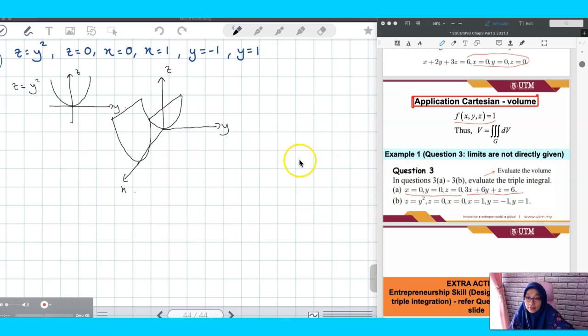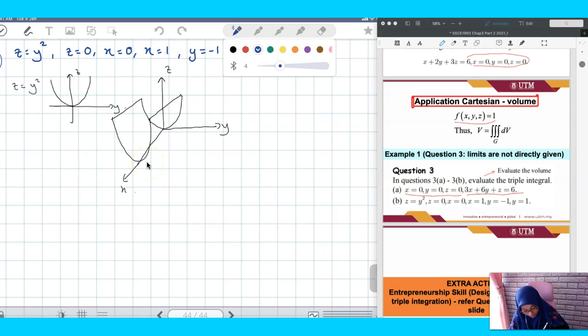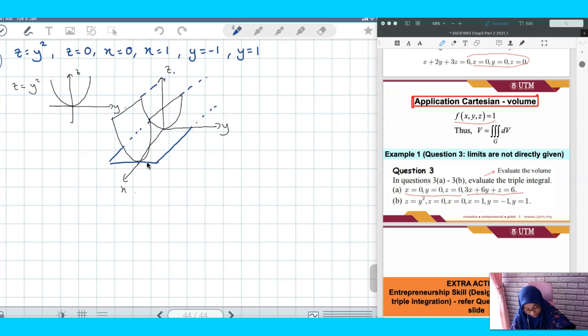Okay, so now if you look at here, z equal to y squared is the surface, right? And then z equal to 0 should be the floor. So what we can have here, so that is the floor. So actually it can be extended, you can extend your graph.